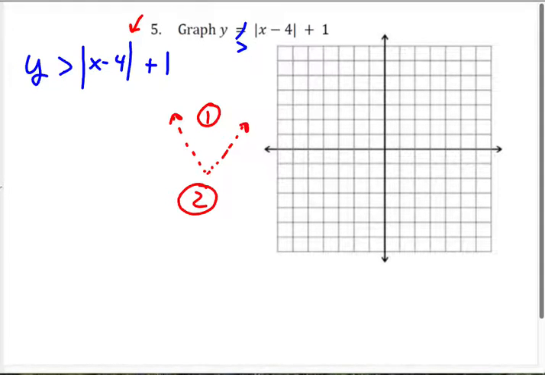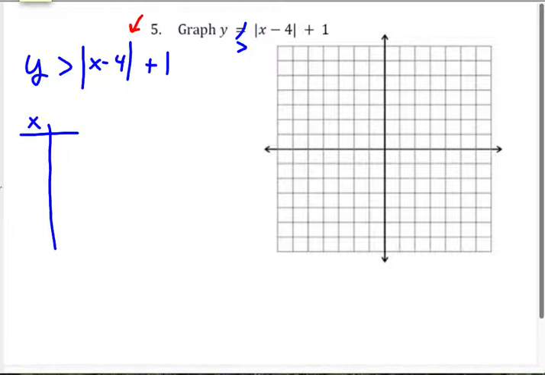So it's very similar to a linear equation. If you don't like finding the vertex, you certainly could do this. X and Y, -2, -1, 0, 1, and 2, and see if you could find your vertex this way.